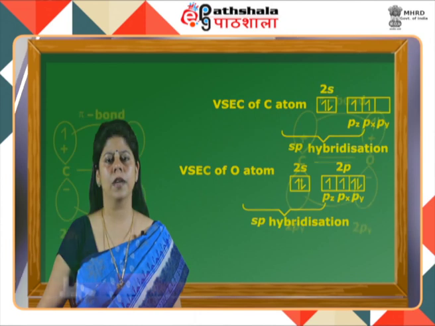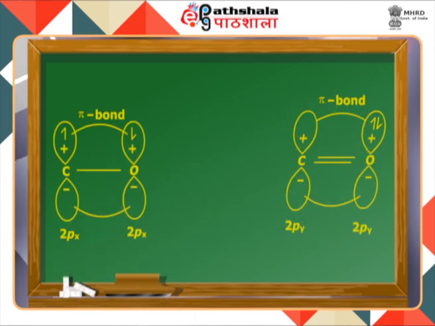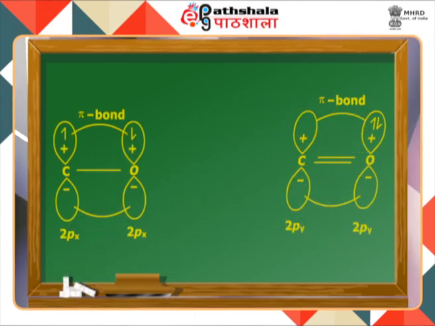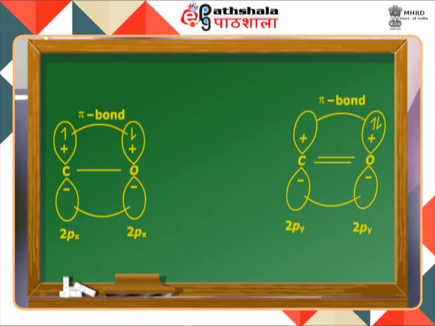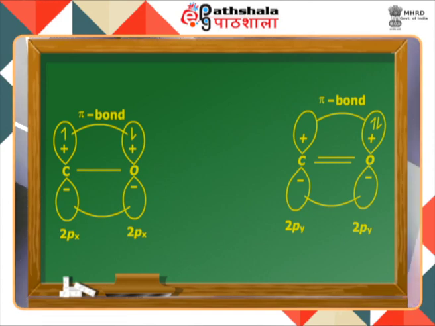You can see from the diagram the singly occupied 2px atomic orbital of carbon atom overlaps with the singly occupied 2px atomic orbital of oxygen atom in a sidewise manner, forming a pi bond.